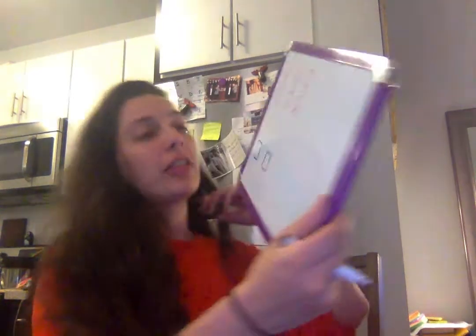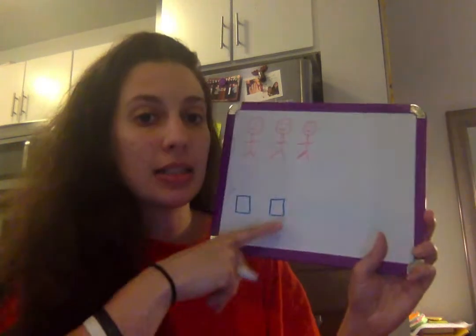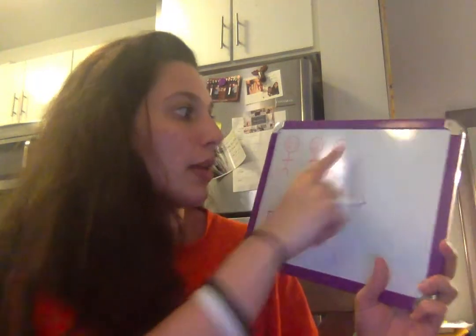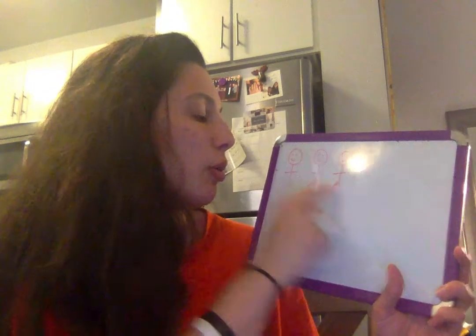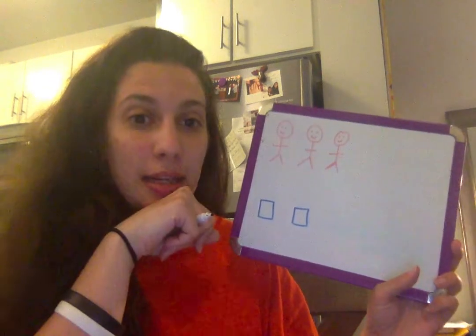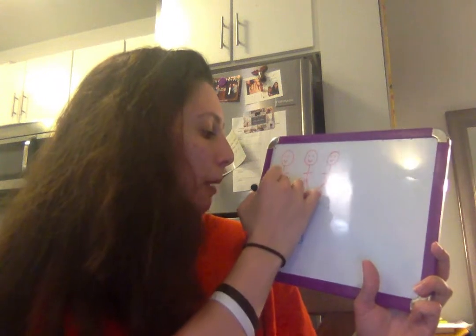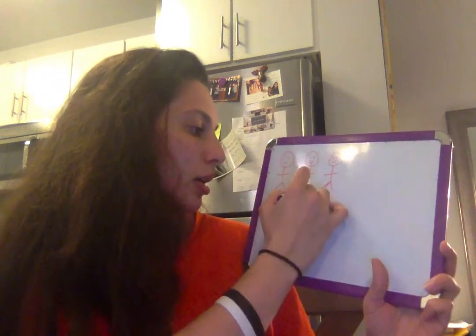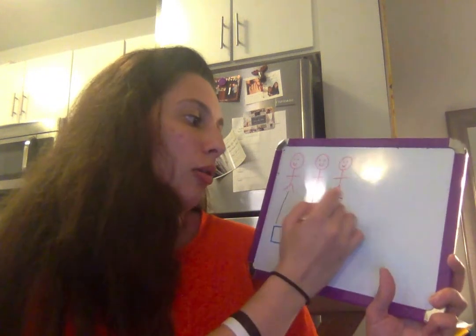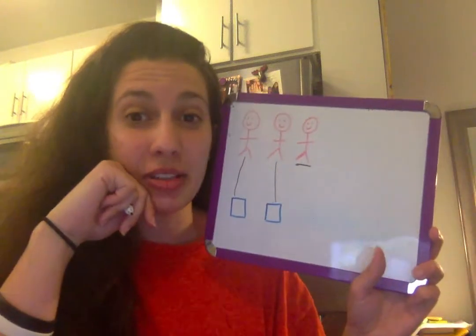Now, what if I did this? So remember, I'm still trying to make sure that I have the same number of boxes as I have friends. So now I have 1, 2, 3 friends and I have some boxes down here. So let me see if I have the same. So if I connect here, well, one of my friends doesn't have a box.